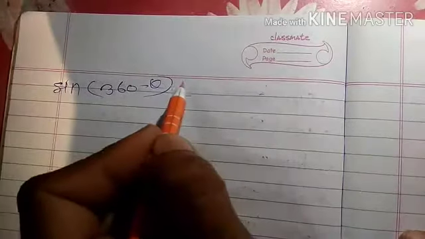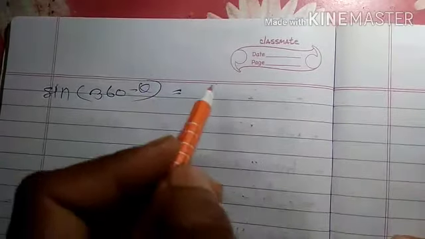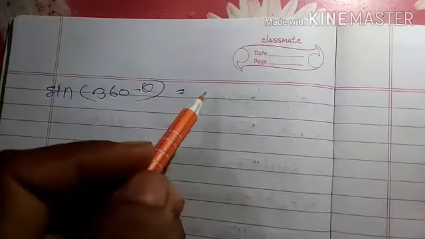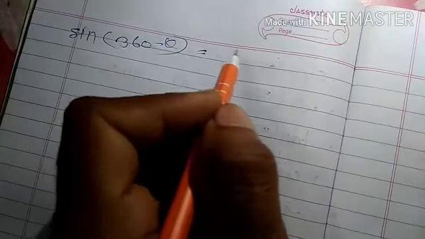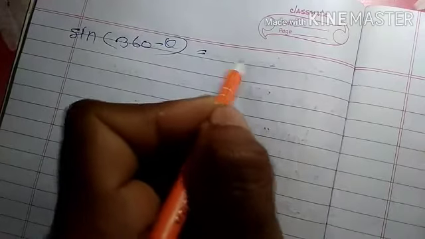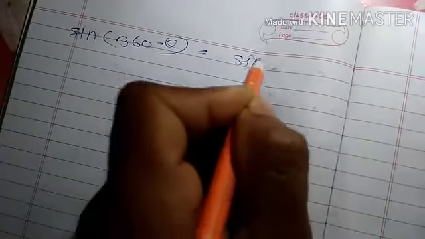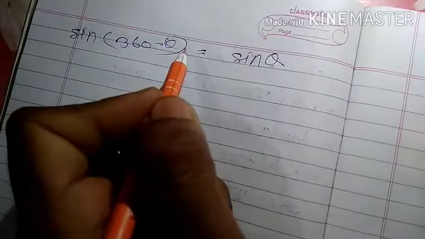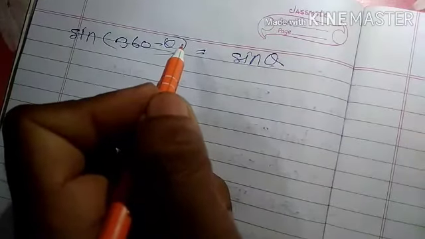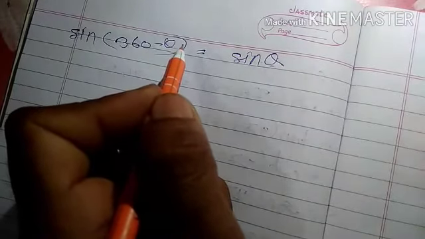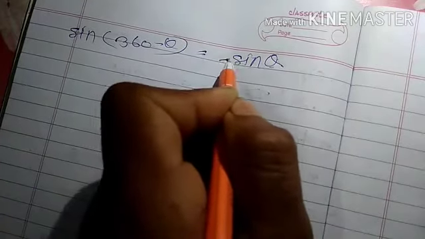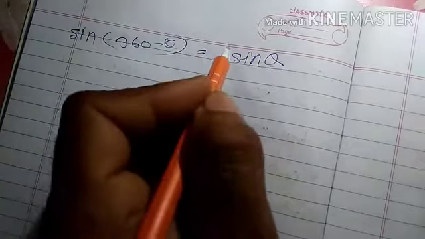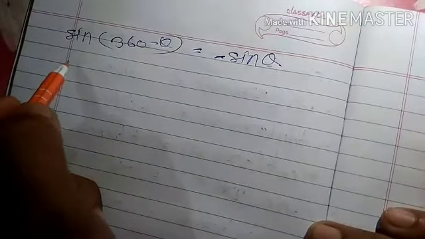So sin 360 minus theta: functions change is not allowed, so sin theta. 360 minus theta is in the fourth quadrant, where only cos theta and sec theta are positive and the four other functions are negative, so sin theta is negative.